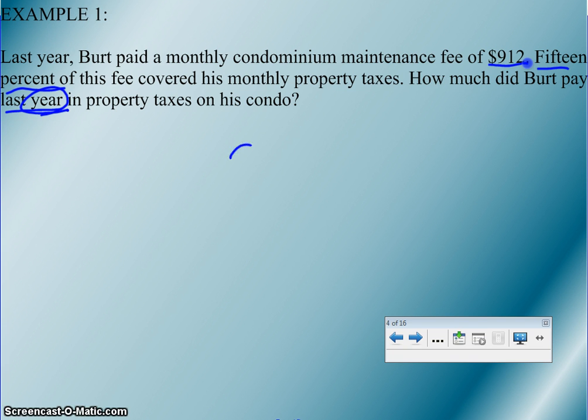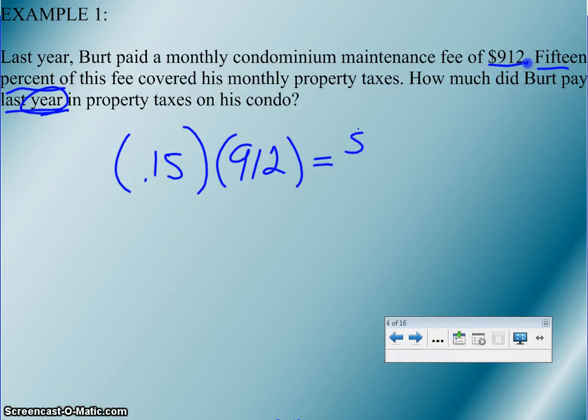Well, I know that he paid $912 each month, and I know that 15% of that was taxes. And anything is something of something, you're looking at multiplication. So we know that 1 month's worth of taxes is $136.80.